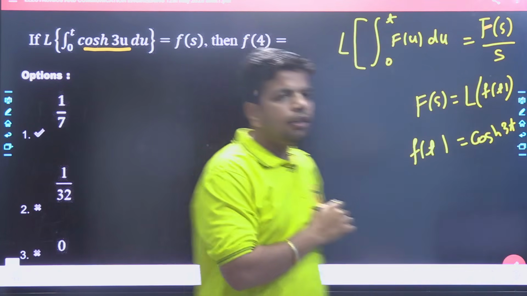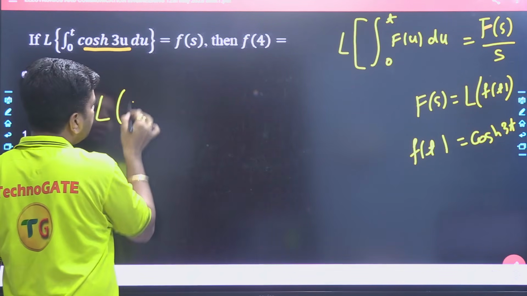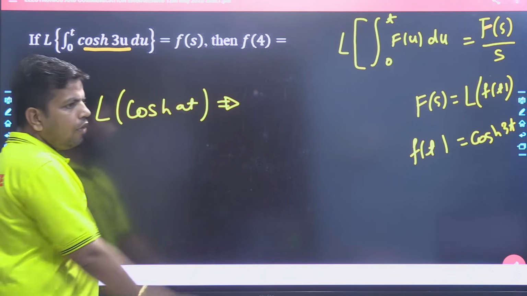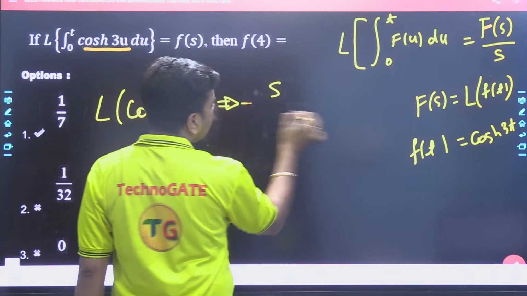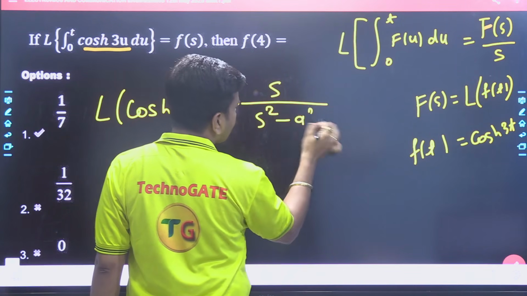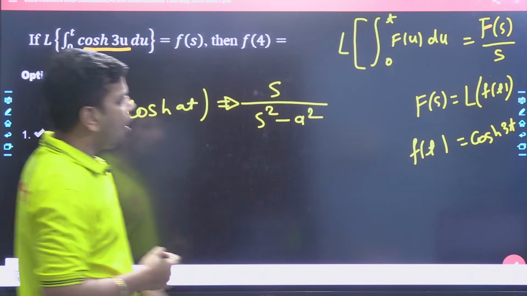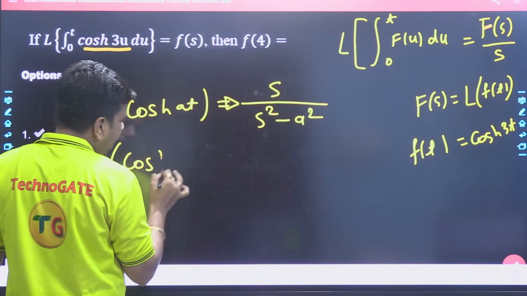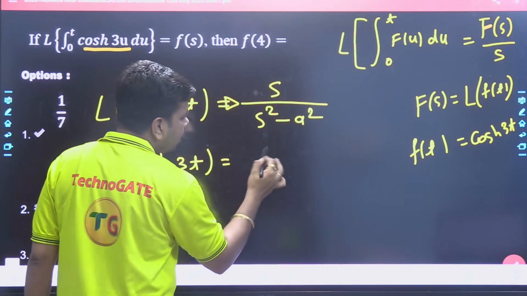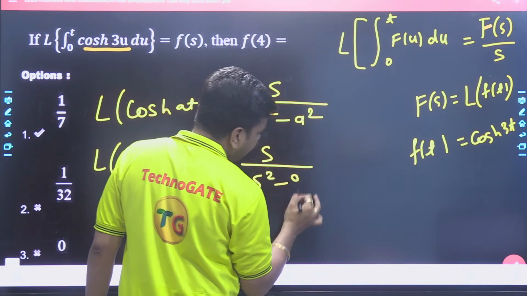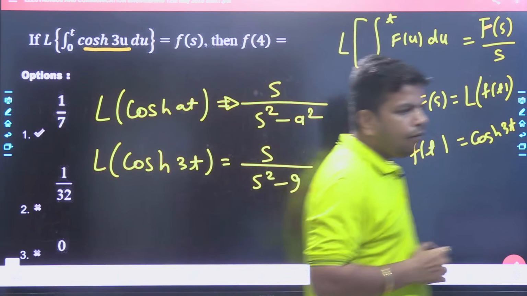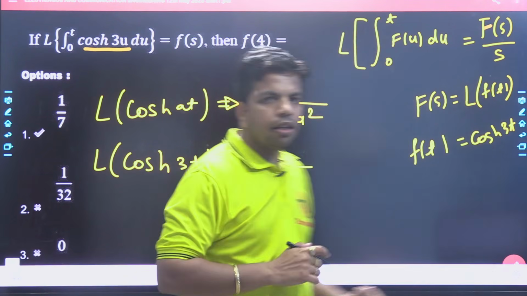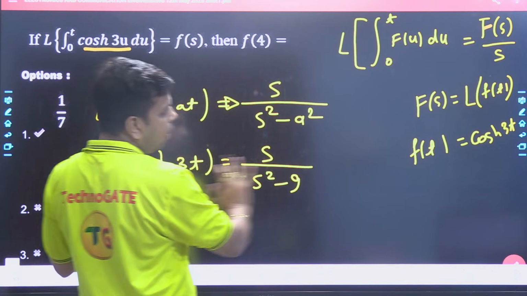Now we know that the Laplace of cos h at is s upon s square minus a square. Here the value of a is 3. So the Laplace of cos h 3t is s upon s square minus 3 square, and 3 square becomes 9.